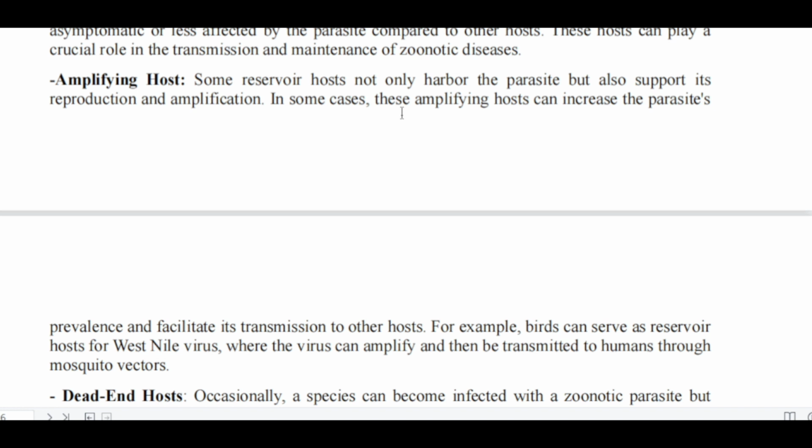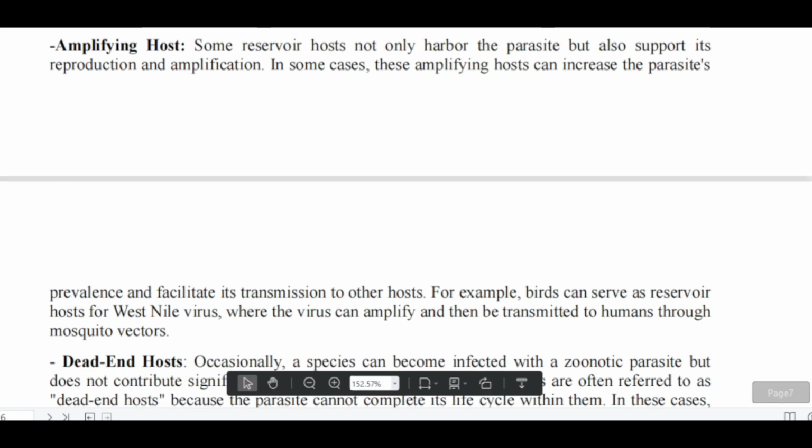Let's say the mosquito, which is a vector for Plasmodium falciparum, is also an amplifying host for the Plasmodium because, apart from harboring it, it allows it to amplify or develop. In fact, when there is no mosquito, the development of the Plasmodium cannot continue. It can cease without the mosquito. So that is an amplifying host.